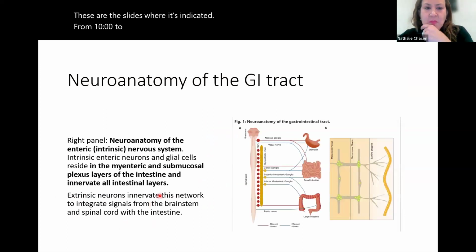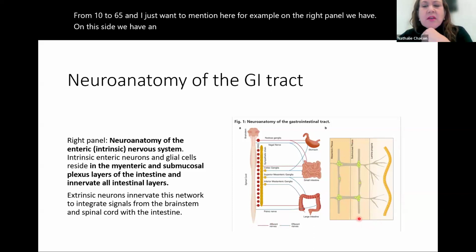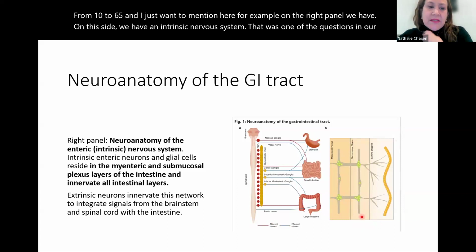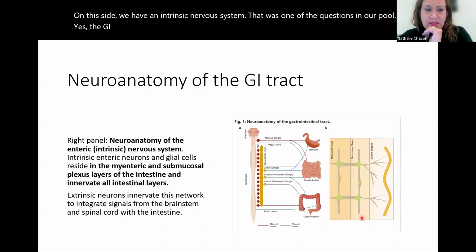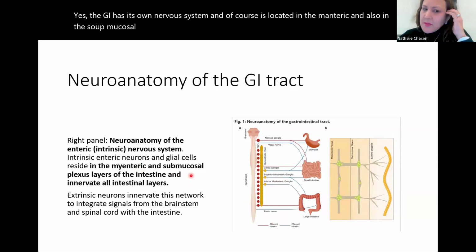And I just want to mention here, for example, on the right panel, we have an intrinsic nervous system. That was one of the questions in our pool. Yes, the GI has its own nervous system, and of course is located in the mesenteric and also in the submucosal plexus that we talked about.